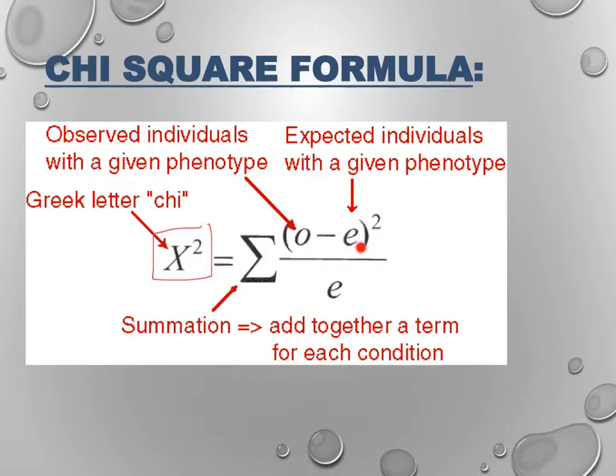Then your variable E represents the expected number of individuals with either a given phenotype or who would have performed that certain activity or that certain mode of behavior. All right, so E here and E here represent the same thing. It's still going to be expected individuals with a given phenotype or a given behavior.